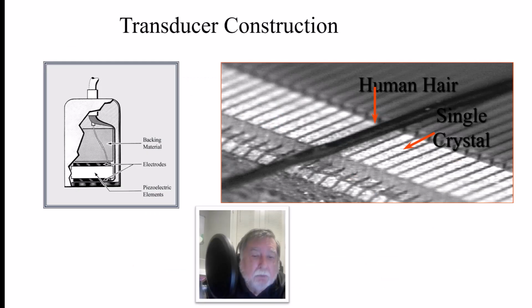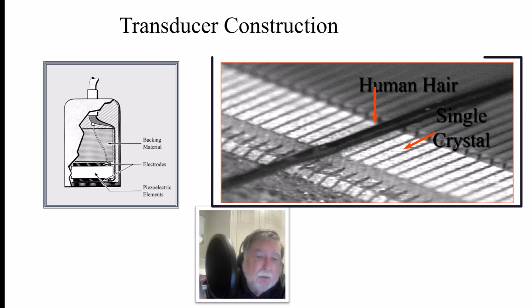In a moment, we're going to take a closer look at the construction of the ultrasound probe, but we're going to look now at the transducer construction. The transducer is the area in the probe that actually sends out the signal and receives the signal, and is made up of small crystals. Notice the crystals here when compared to a single human hair.